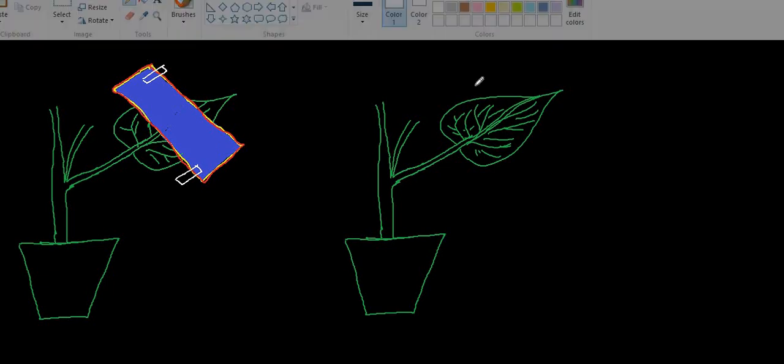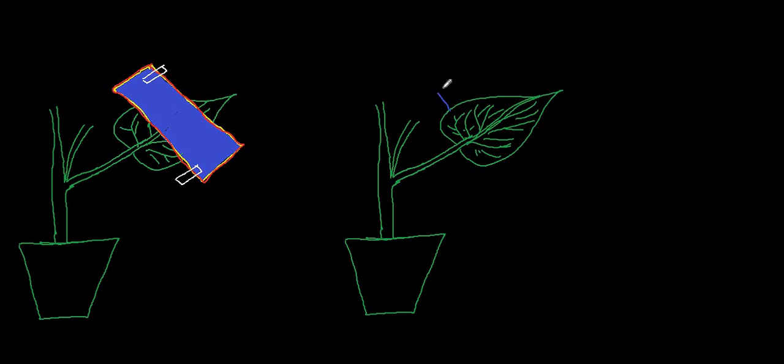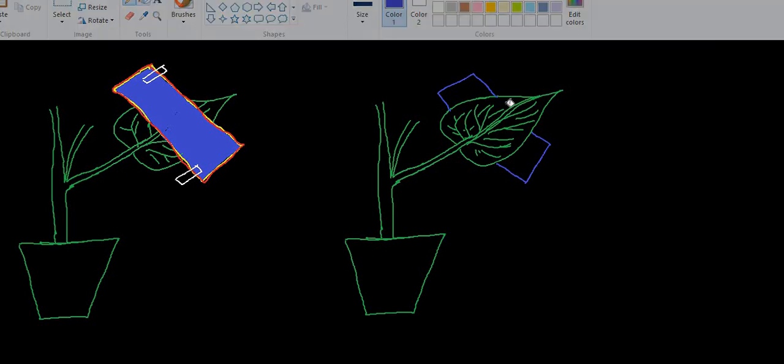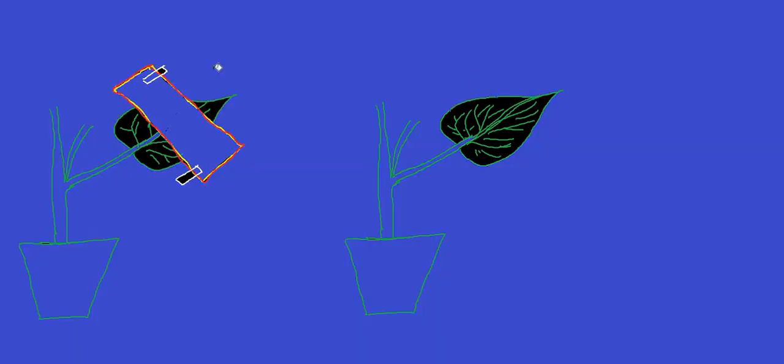Here I am using a cobalt chloride paper, but the cobalt chloride paper that I am going to place is underneath. So I am placing a cobalt chloride paper just underneath.